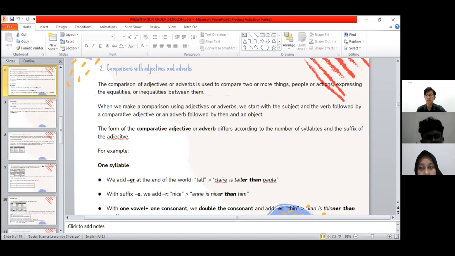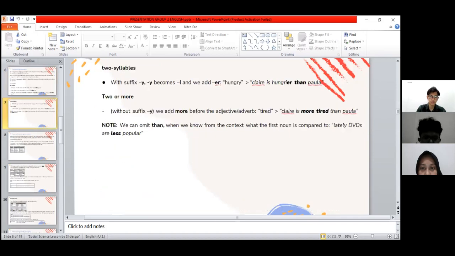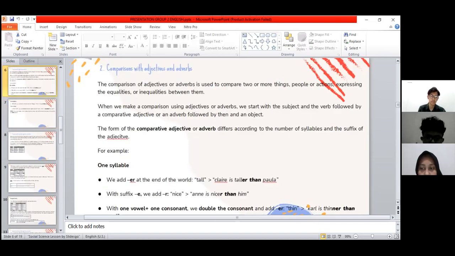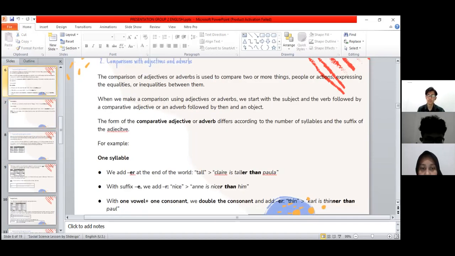The form of the comparative adjective or adverb differs according to the number of syllables and the suffix of the adjective. For example, with one syllable we add er at the end of the word. Claire is taller than Paula. With suffix e, we add r. Example: Annie is nicer than him.